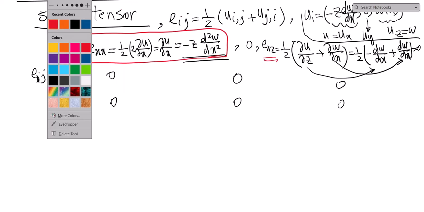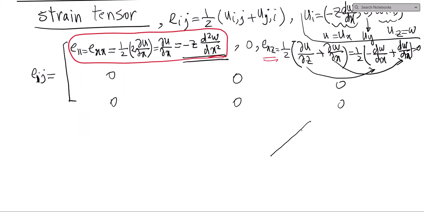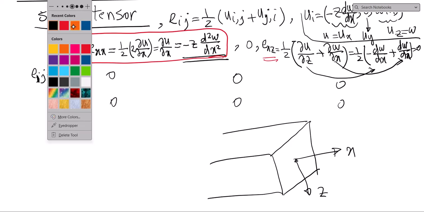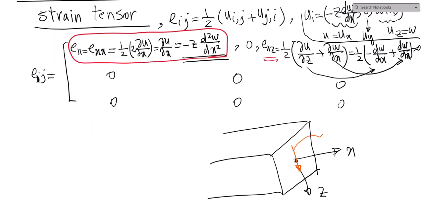So if I come and draw my cross section, this is my x, this is my z, this is my beam. So here I am saying that this is xz. So it should be on this plane, which is normal to x, and in the z direction. So this is my E_xz strain tensor component. So we are saying this is 0.